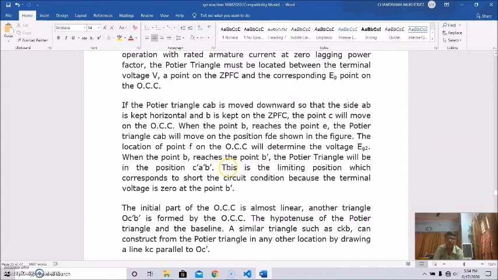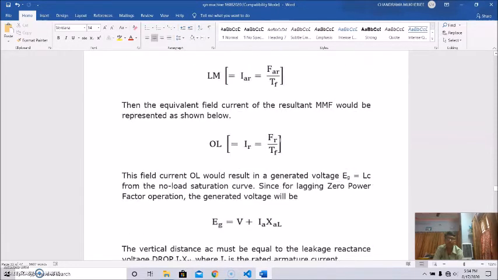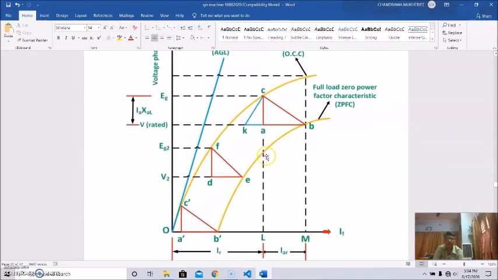So that the point C will move on the OCC. When the point B reaches the point E, the Potier triangle CAB will move to the position FDE. See, if this is moving in this way, point C will move on here on the OCC.